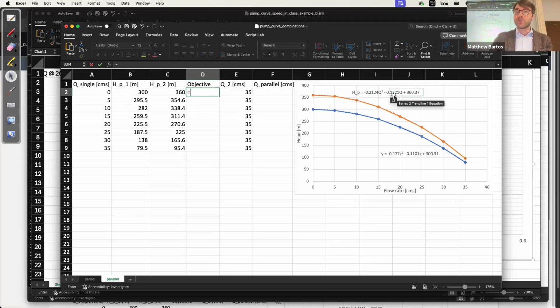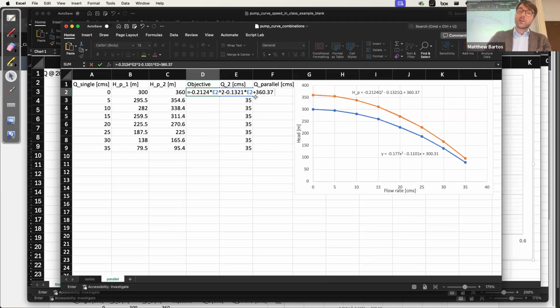So our polynomial for pump 2 is given by this expression here. So we're going to have negative 0.2124 times the discharge squared minus 0.1321 times the discharge, which is E2, plus 360.37.